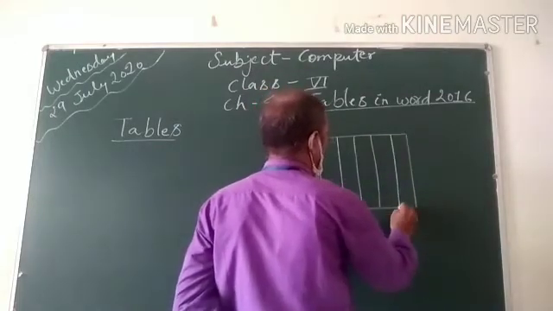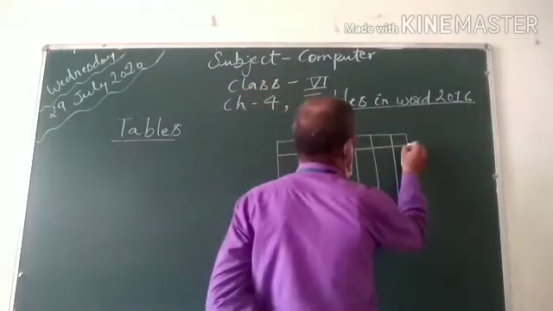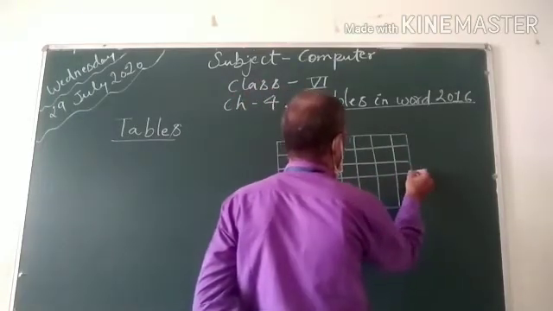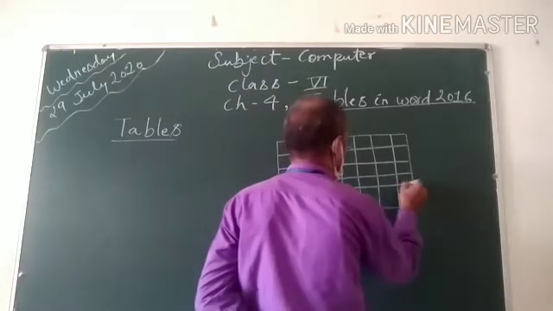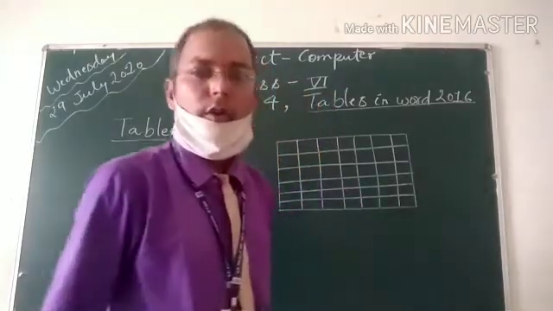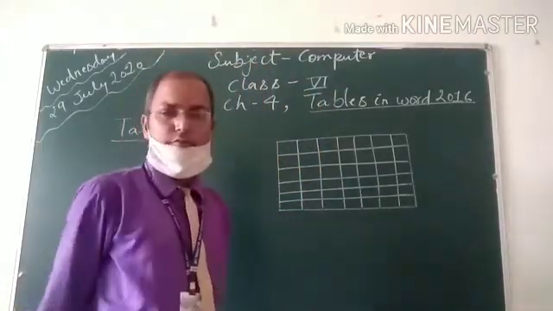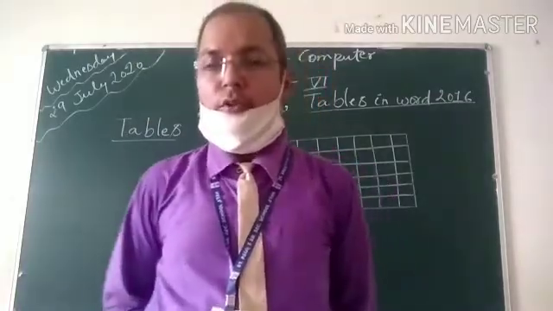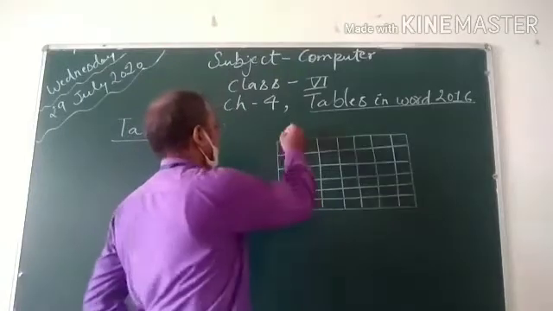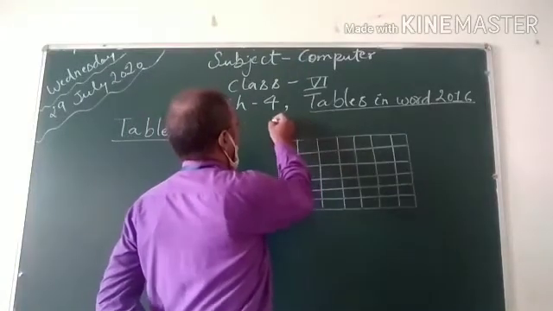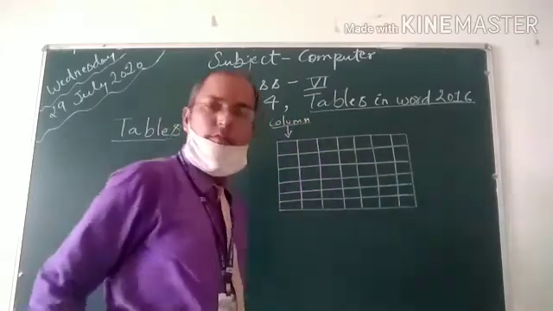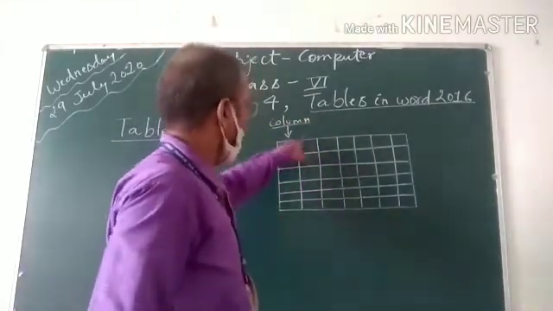These are columns and these are rows. Okay, so this is a table. The vertical division of a table is called a column. These are columns.